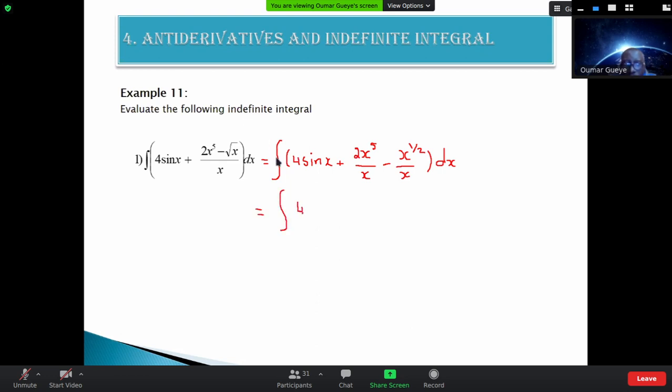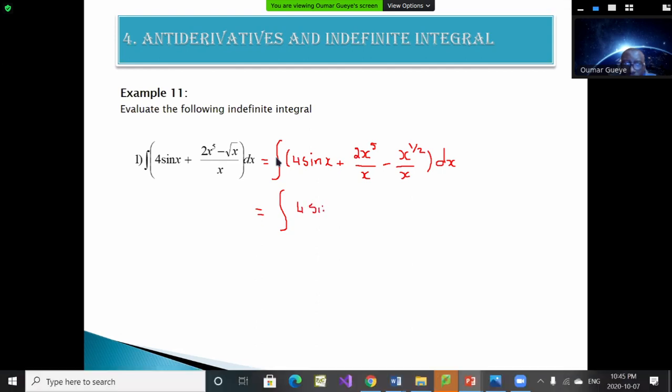I'll get here 4 sine x, and the second term is going to be plus 2x to the power 4. And for the last term here, x, you send it to the top, it becomes x to the power minus 1. So x to the power half times x to the power minus 1 is going to be x to the power 1 by 2 minus 1. It becomes a negative 1 by 2.